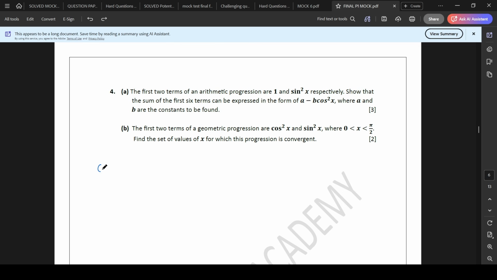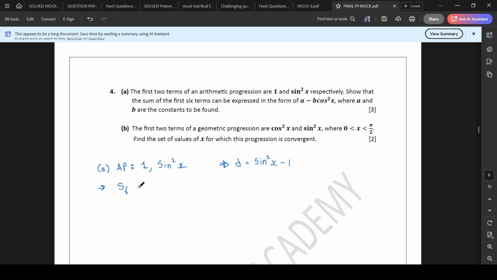So let me do some kind of writing over here that I am given an AP with the first term as 1, the second term as sine square x. From here, I can identify that the value of d is second term minus the first term, that is sine square x minus 1. And of course, the value of a is equal to 1. Now, I need to know what is my sum of the first 6 terms.